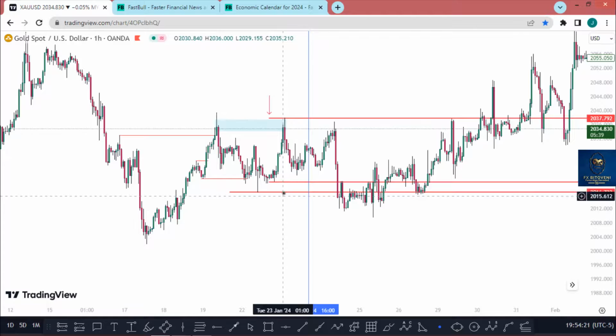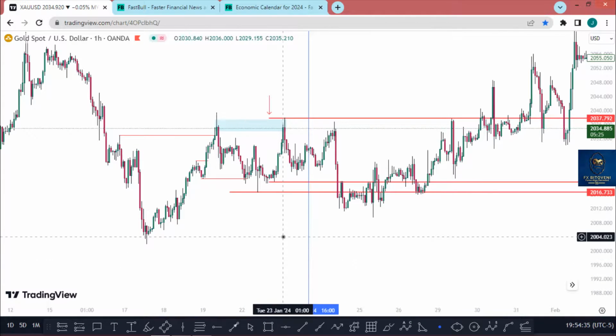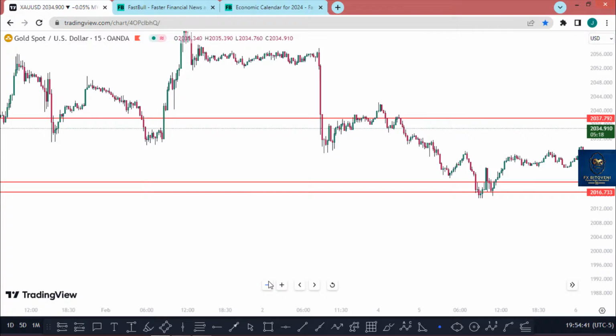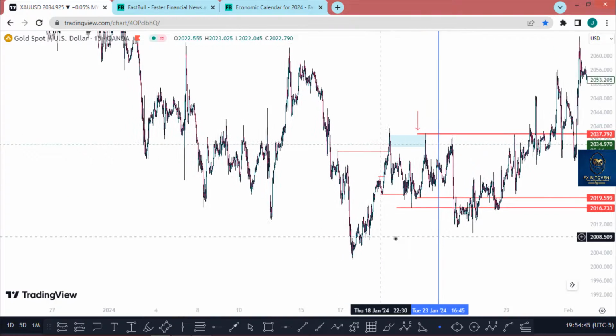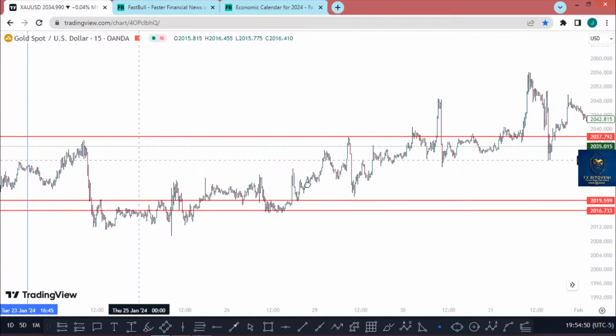If you need to see another structure, you can try to study smaller structure within this area. This push to the upside, this push to the upside. Then you can use like 15 minutes to see if you can see something.